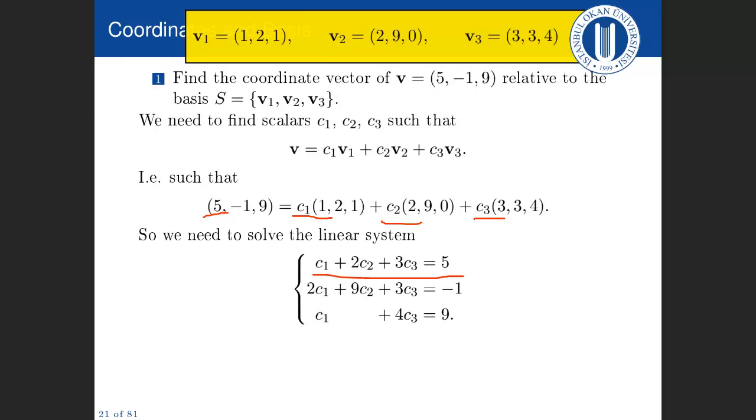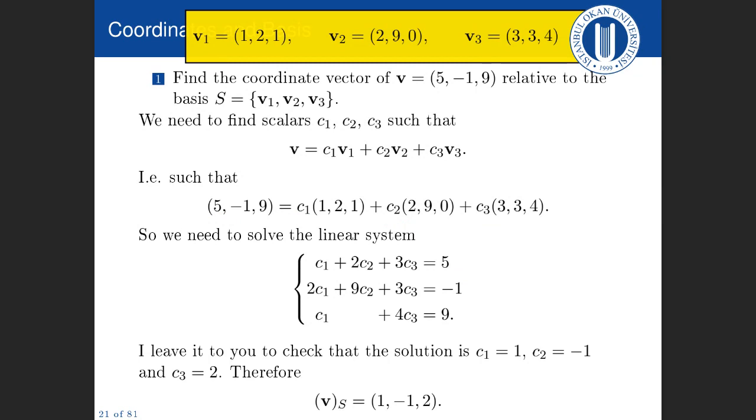But of course, you know how to solve linear systems like this, so I'll just tell you the answer. The solution to this linear system is C1 is 1, C2 is -1, and C3 is 2. So therefore, the answer to this question is the coordinates of the vector v relative to the basis S is 1, -1, 2.